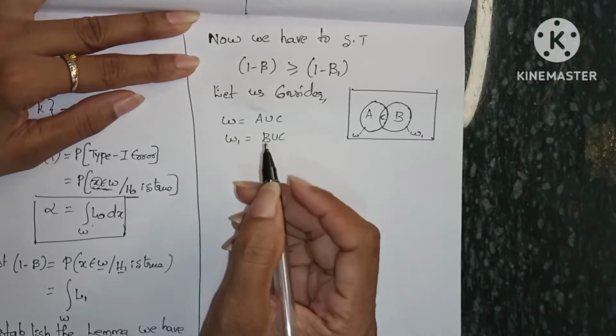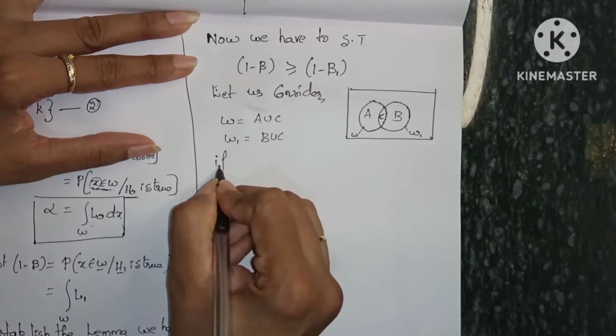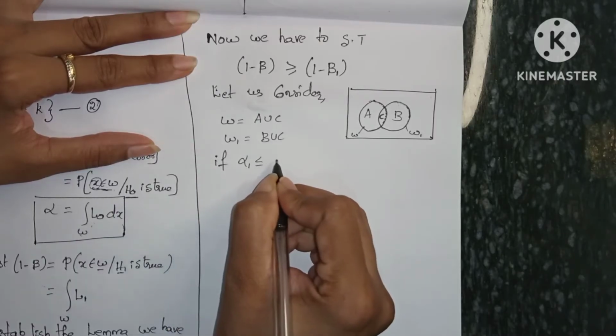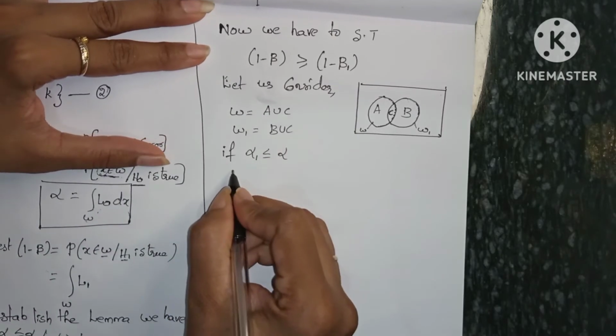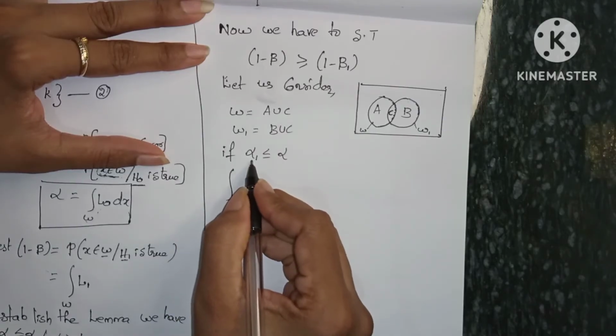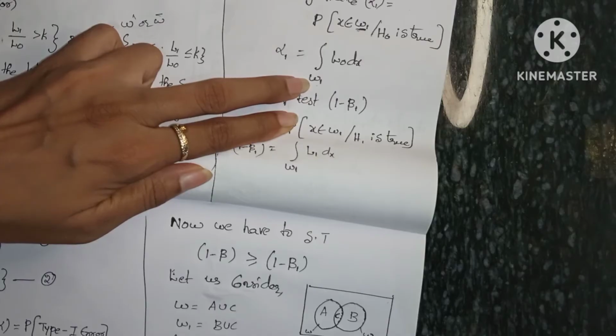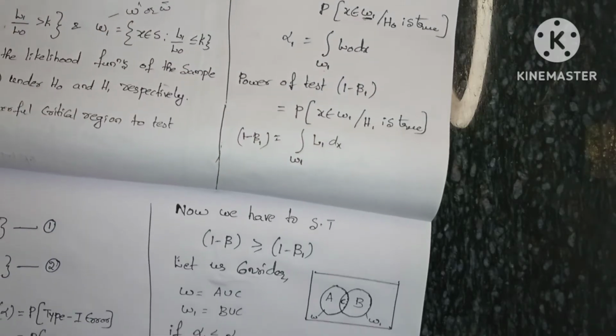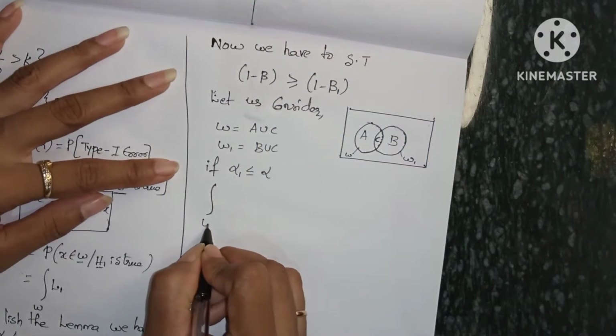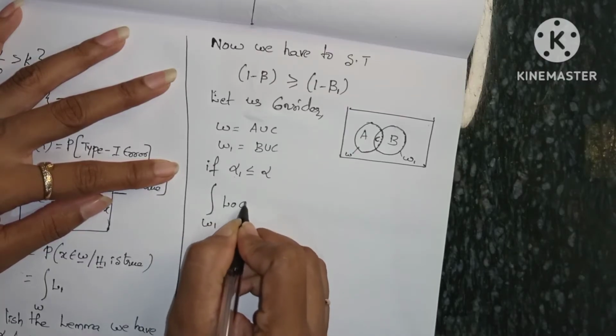Next, if alpha 1 is less than or equal to alpha, what is the alpha 1 value? It is the integral over omega 1 of L naught dx, which is less than or equal to the alpha value, the integral over omega of L naught dx.